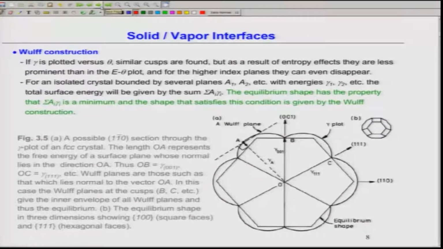Now, how can we do that if I consider a complete crystal, suppose the crystal has such complex shapes as you see here? Can I do it in a very simple, very logical way? Well, I can get gamma as a function of theta for all the curves, meaning all the surfaces.